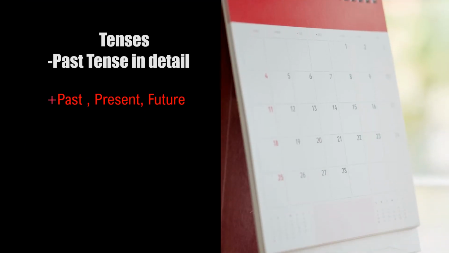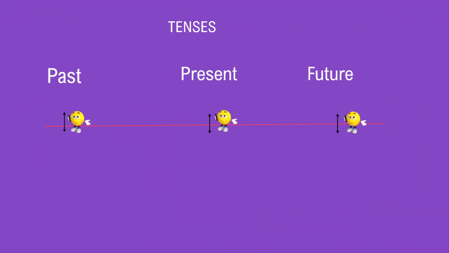You all know what tenses are. We have a past tense, present tense, and future tense. So what do we understand by tenses, if I may ask you? Very easy, isn't it? Okay, so the word tenses refers to a period, a time when that activity was done or will be done.